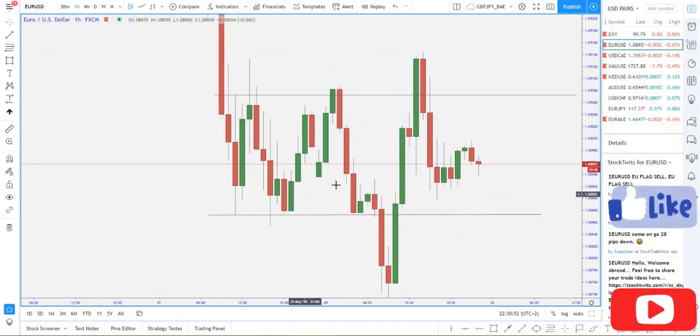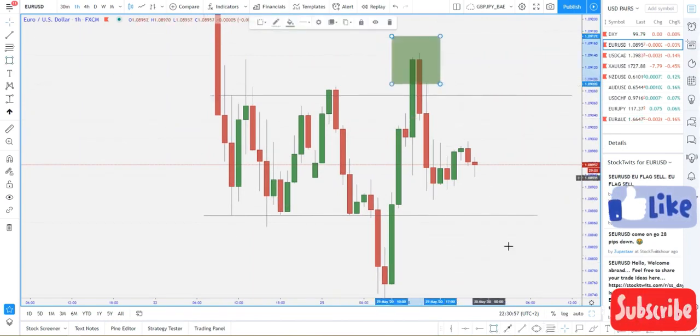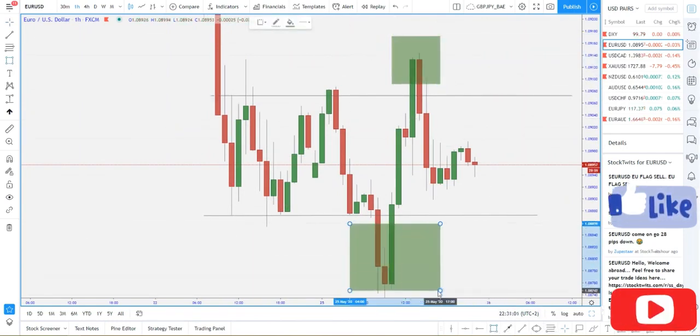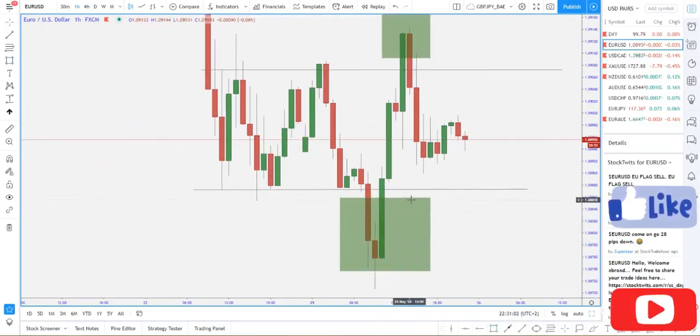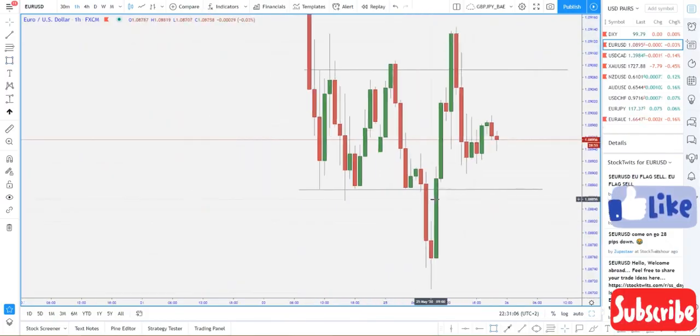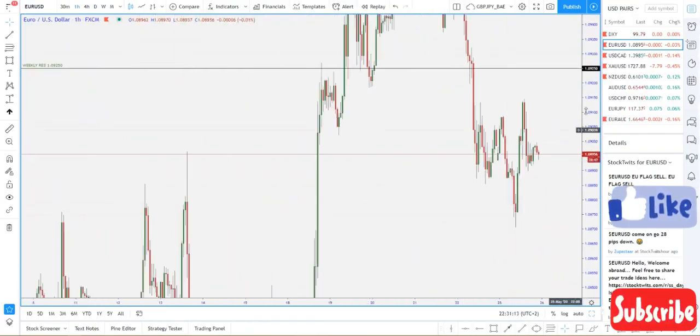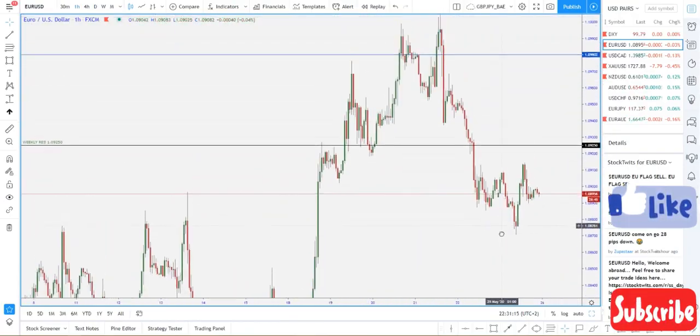If you look at this, we're really just ranging, moving up and down, with the market giving you fake outs on that level over there, and you also have a fake out on this level. So this is how I would mark out my levels of support and resistance on the smaller time frames. This will make sense as we go forward, and it will make much more sense how you would actually get entries using these levels.